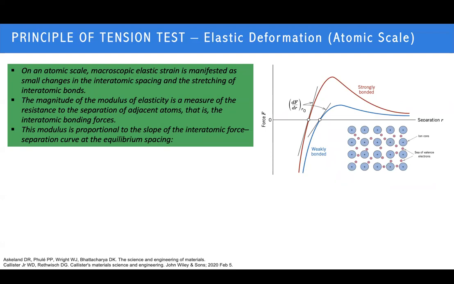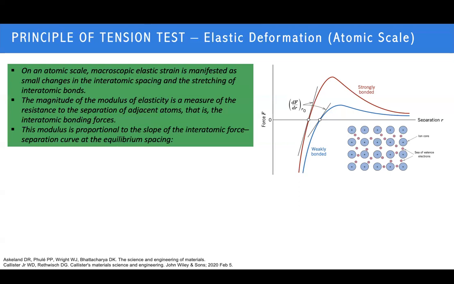When you're stretching this material, it is not permanently deforming. You are just stretching the interatomic spacing, the space between two atoms, the length of the bonding between the atoms. So this is the elastic deformation.